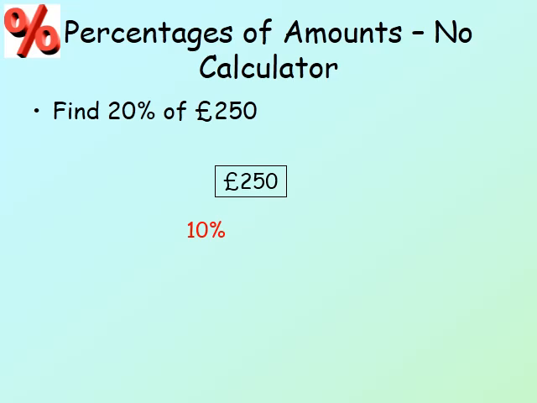So we simply divide 250 by 10, which of course is 25. The question is asking us to find 20%, so we are simply going to multiply the 10% by 2 to get the 20%, and 2 lots of 25 is of course 50. So £50 is the answer.